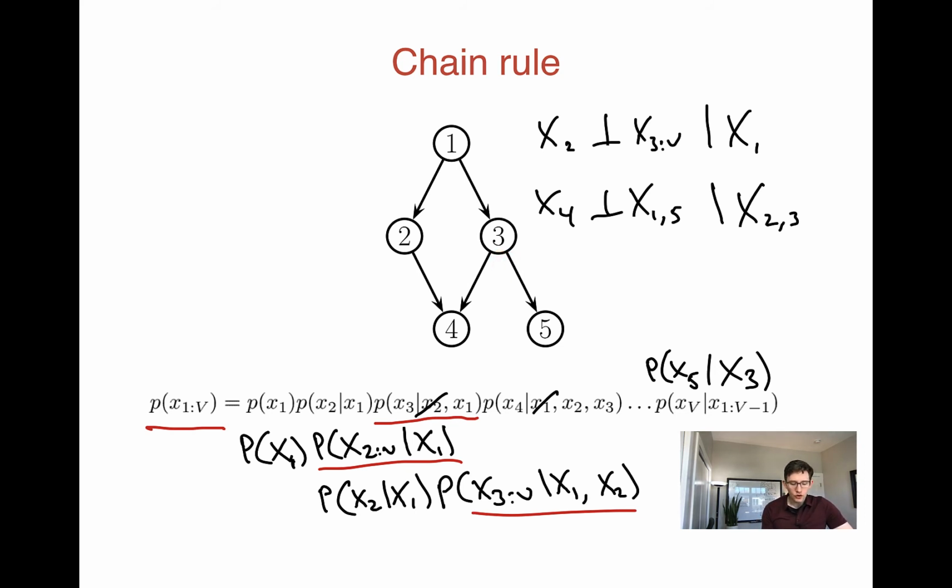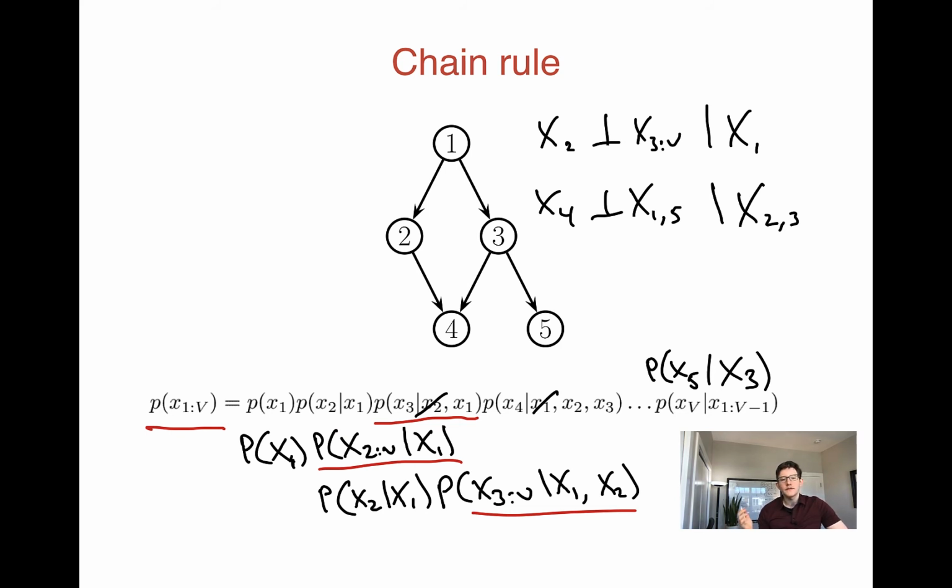Now look at what I have in my chain rule. If I want to know the joint distribution of any assortment of random variables, I just have to multiply together these five conditional probability distributions. And those distributions are exactly what is specified in the conditional probability distributions that someone gave us when they gave us this graph: probability of x1, x2 given x1, x3 given x1, and so on.